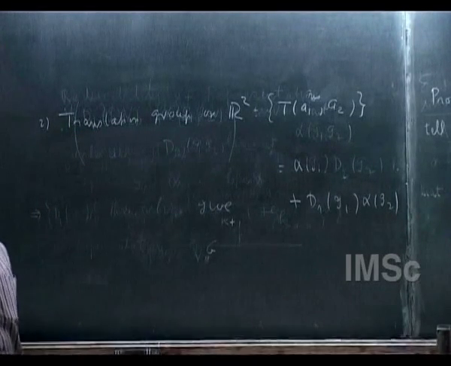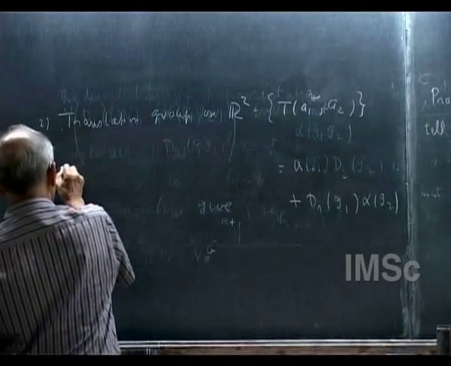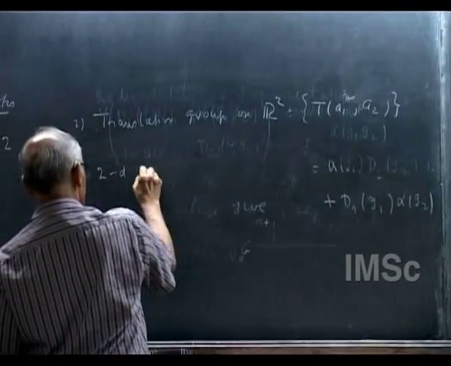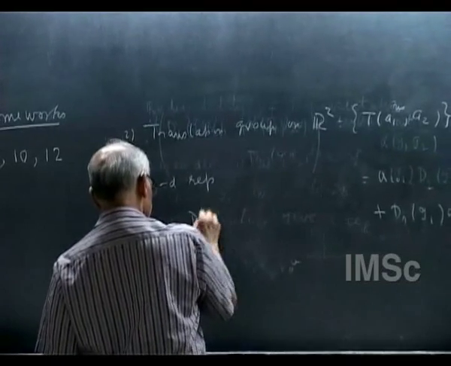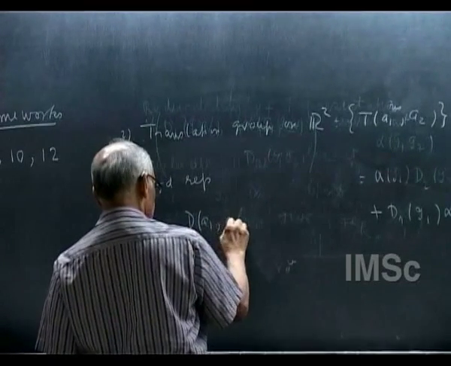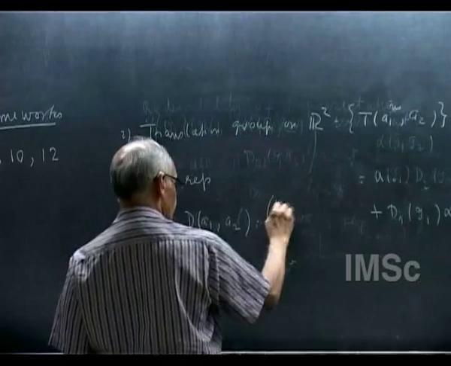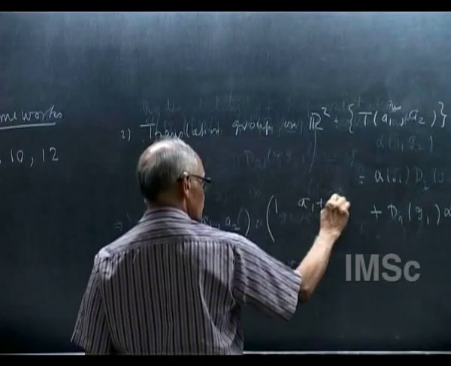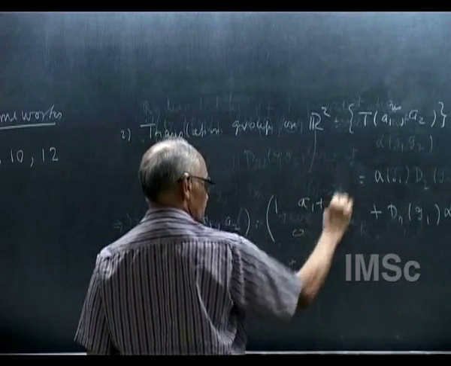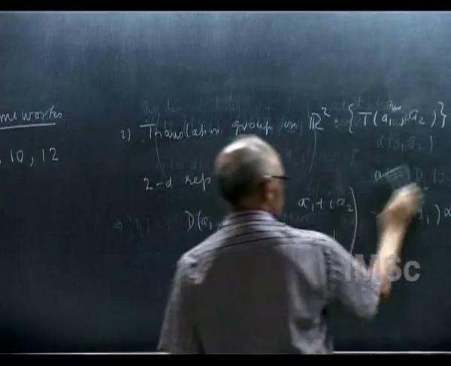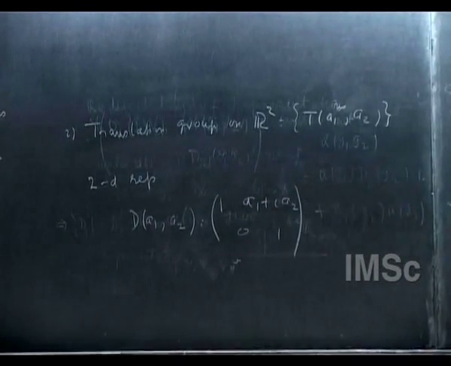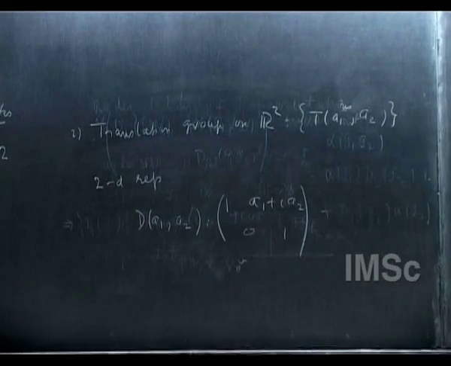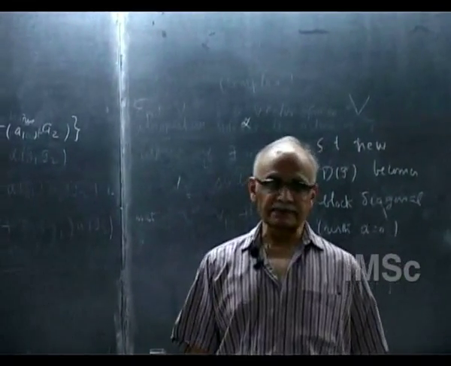This is a two-dimensional representation, say 2D rep. It will be D of A1 A2. I will write this as 1 A1 plus I A2, 0 1. This is good because here things add, and since I have put a complex number, you can separate the real and the imaginary parts.